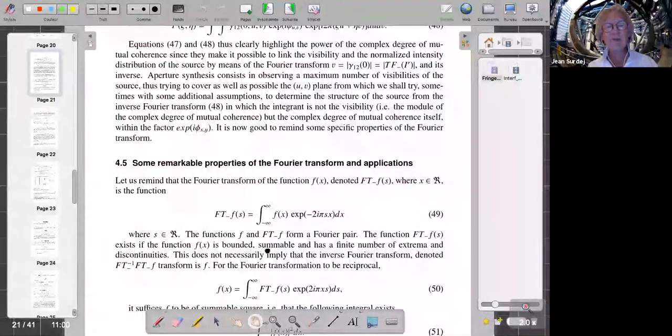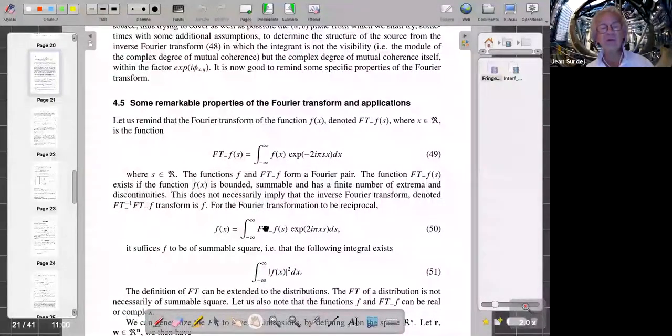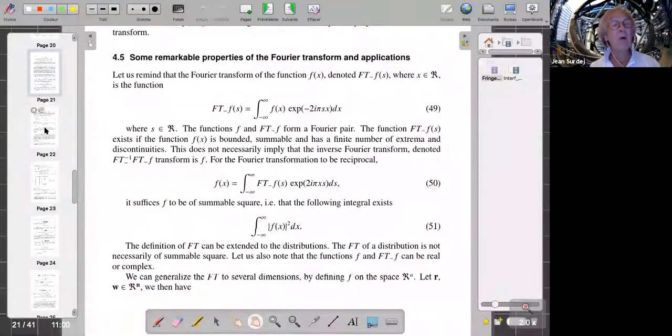Now, usually the inverse Fourier transform exists under the assumption, a necessary condition, that the function f should be of summable square. So this integral should exist. Now, next page.